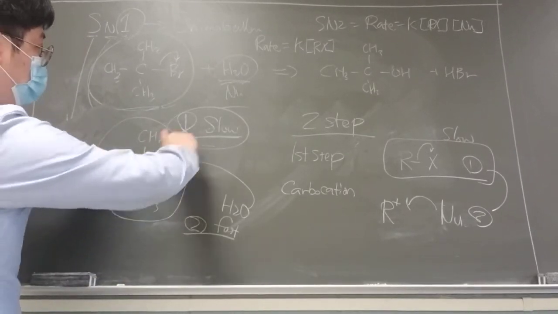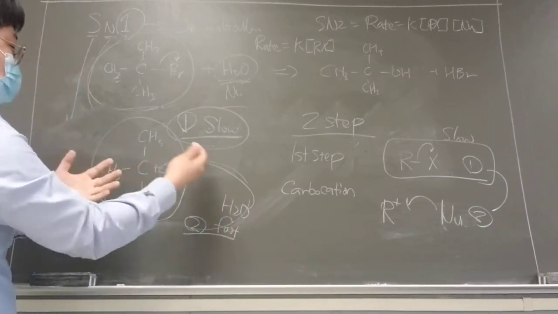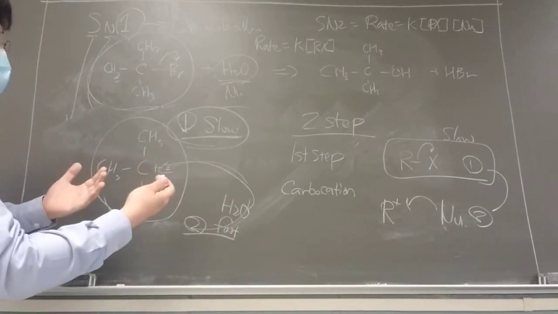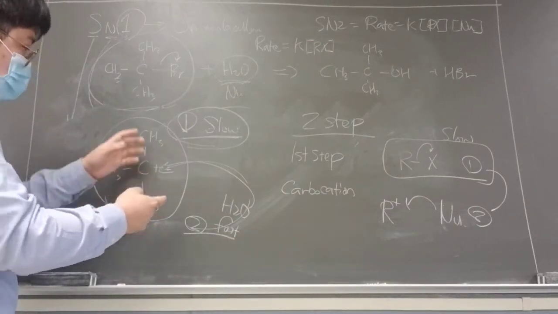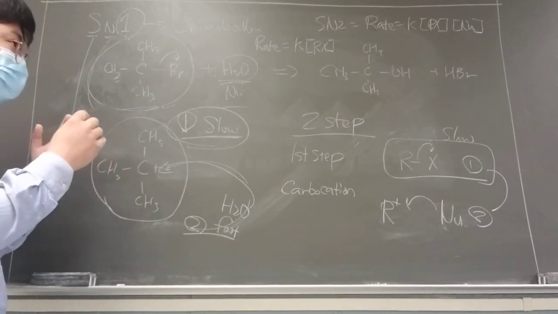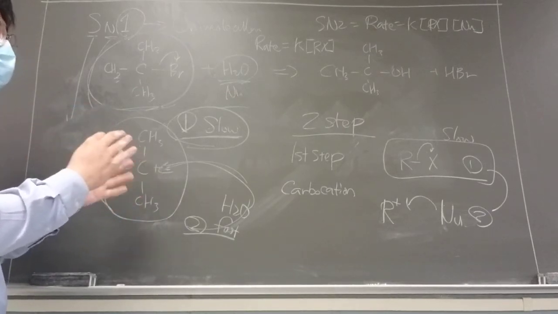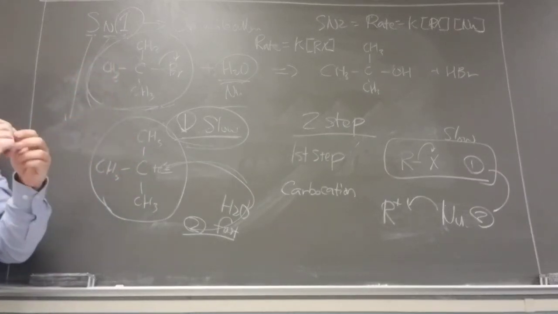When the leaving group leaves, it leaves and then the nucleophile comes in. So they don't have any space problem over here. But the most important thing, more than the spacing problem, for SN1 is that they need to have a stable carbocation. Make sense, right?